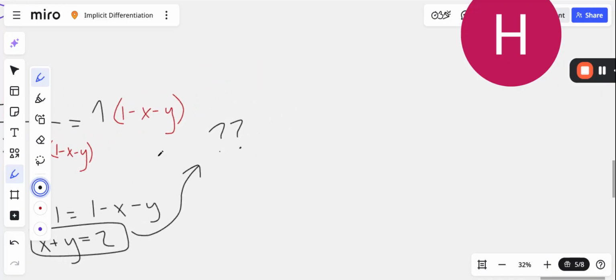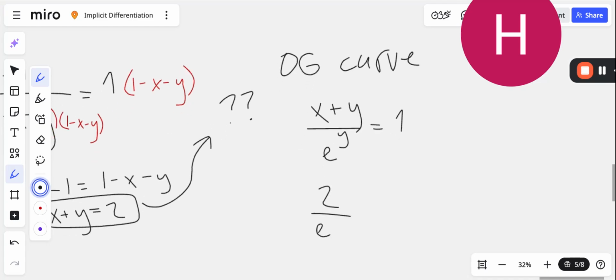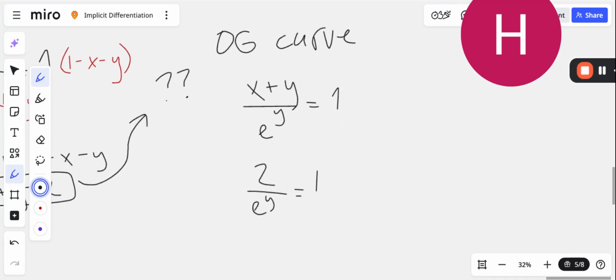X plus y is in the numerator, so if we look at the original curve, the OG curve, x plus y over e to the y equals 1, which means 2 over e to the y equals 1, which means 2 equals e to the y, therefore y equals ln of 2.